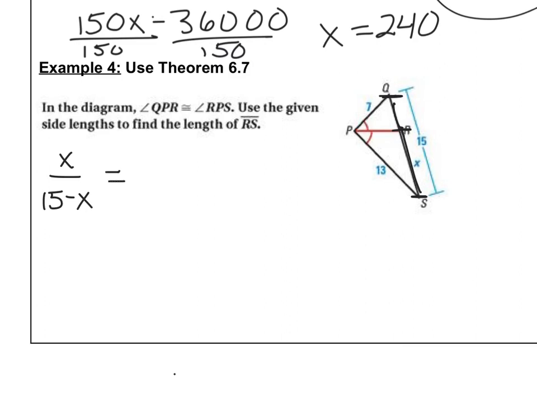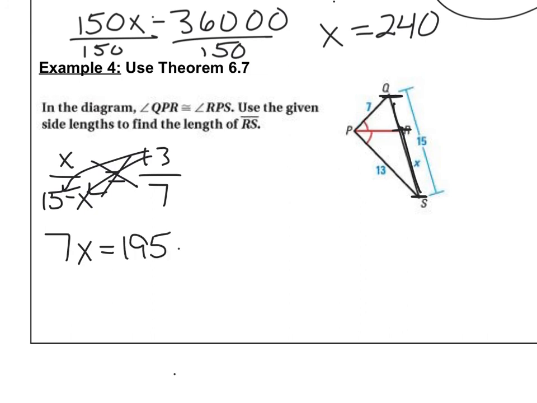The side corresponding to X is 13, the side corresponding to the other side is 7. Here's where it gets tricky. You do your cross multiplication, you're going to get 7X, and then you have to do 13 times 15 and 13 times X. So 13 times 15 is 195. 13 times minus X is minus 13X.